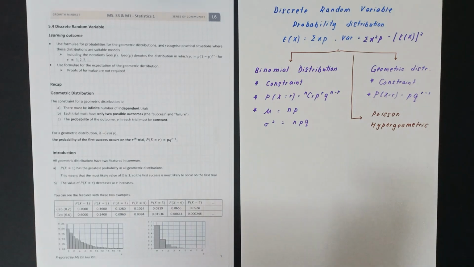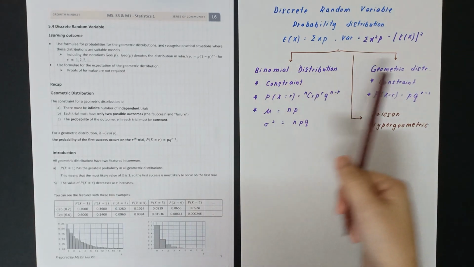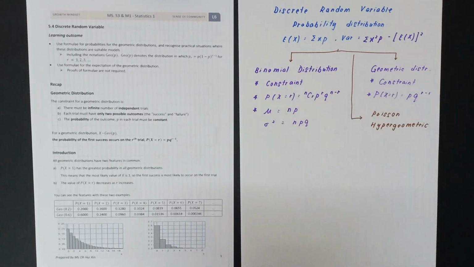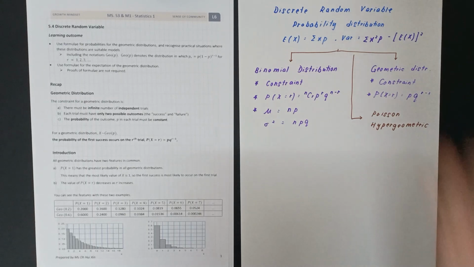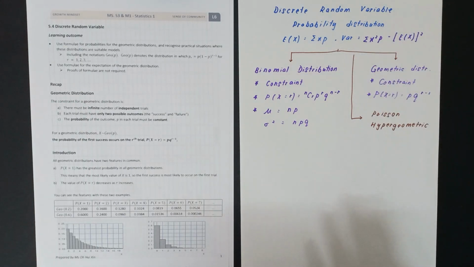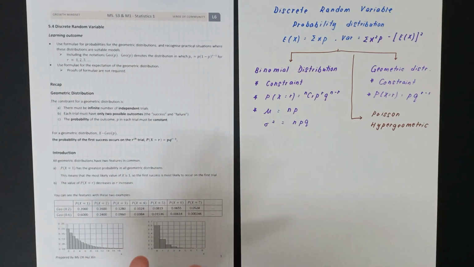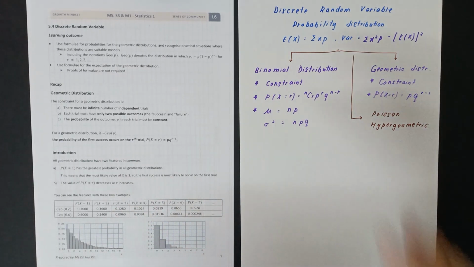But my question is, binomial distribution, geometric distribution, Poisson, hypergeometric, everything here is considered a discrete random variable? Yes. If they are not discrete random variables, then they cannot even satisfy the first basic requirement of a distribution, which is that it must be a discrete value.